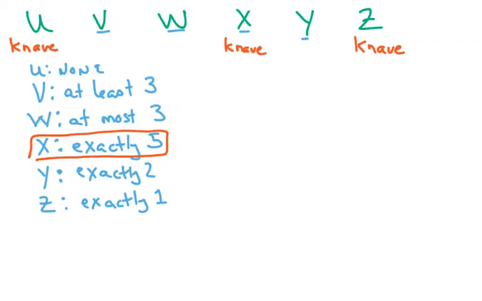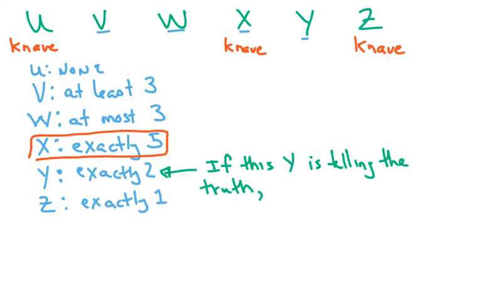Okay, now let's think about what Y says. If Y is telling the truth, if there are exactly 2, then V is lying, and W is speaking the truth.